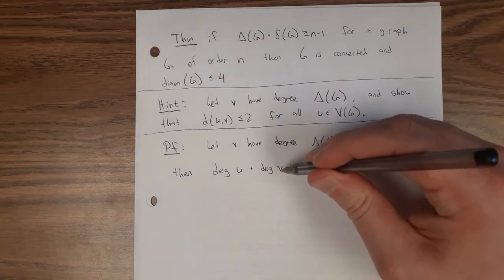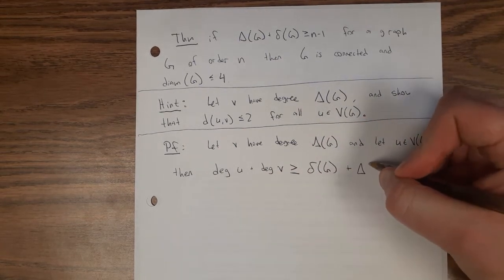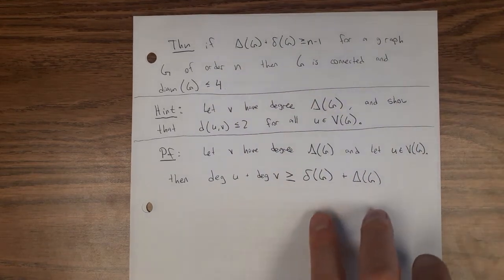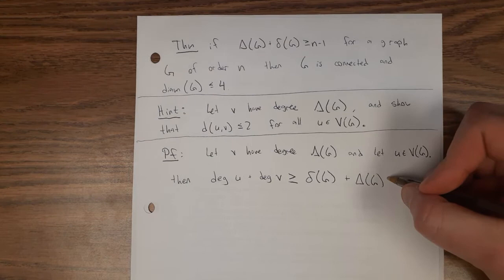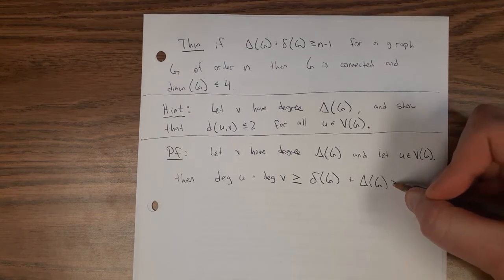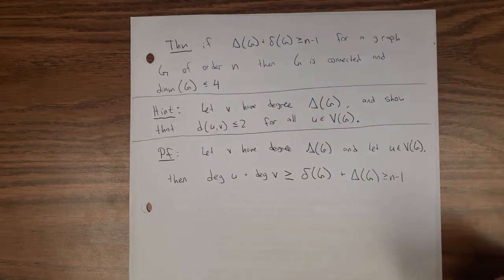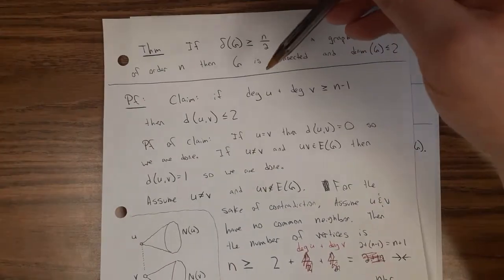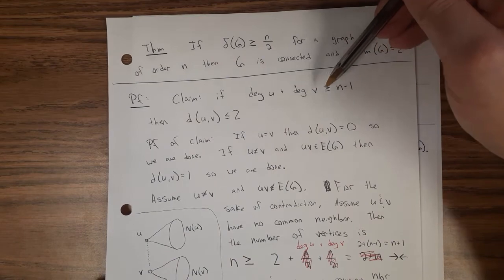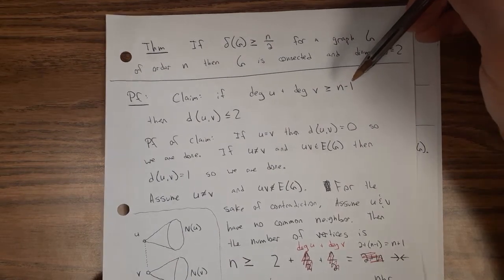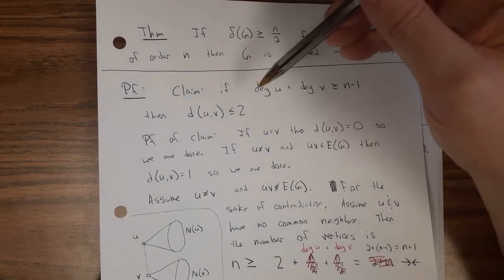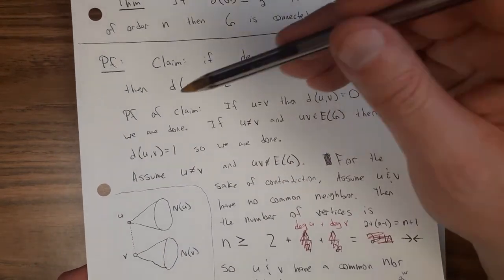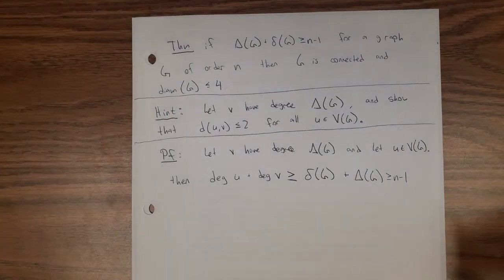The degree of V is exactly this. And we're assuming that this plus this is greater than or equal to n minus 1. So here I have two vertices. The degree of one plus the degree of the other is greater than or equal to n minus 1. And by the claim that we already proved, that means the distance is at most 2.